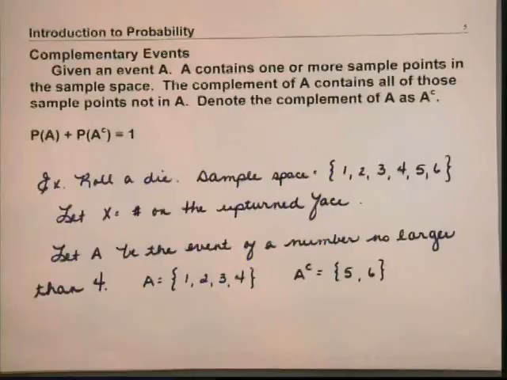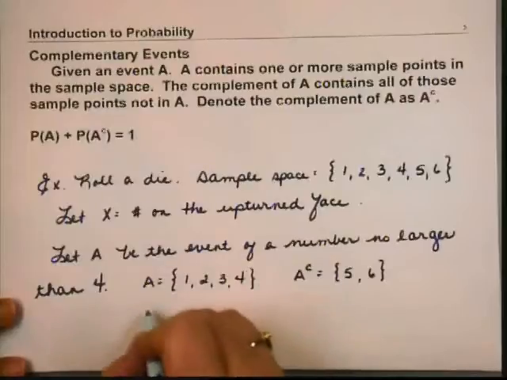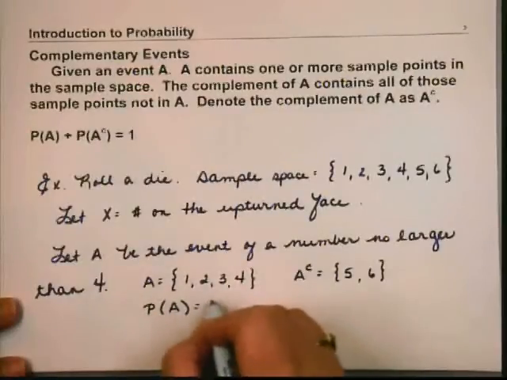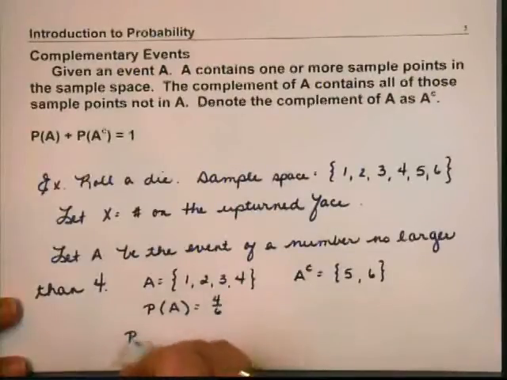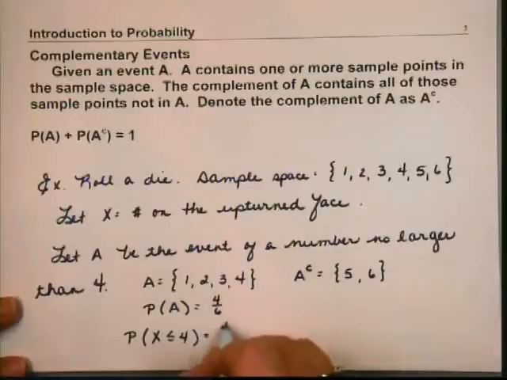Now, in terms of random variable x, how do we write event A? Well, we'll back up here. The probability of event A is there's 4 ways that can happen out of 6. So the random variable notation would be X less than or equal to 4, which is of course 4/6 here also.